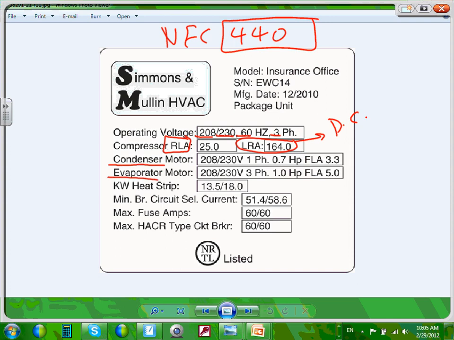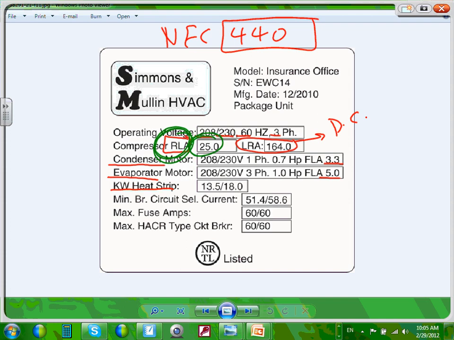Here's the full load amps for the motor of the condenser and for the evaporator. There's also kilowatts for the strip heat that heats it to make the system work too. In this case, we only care about this value here when we design. Everything else is internally wired.